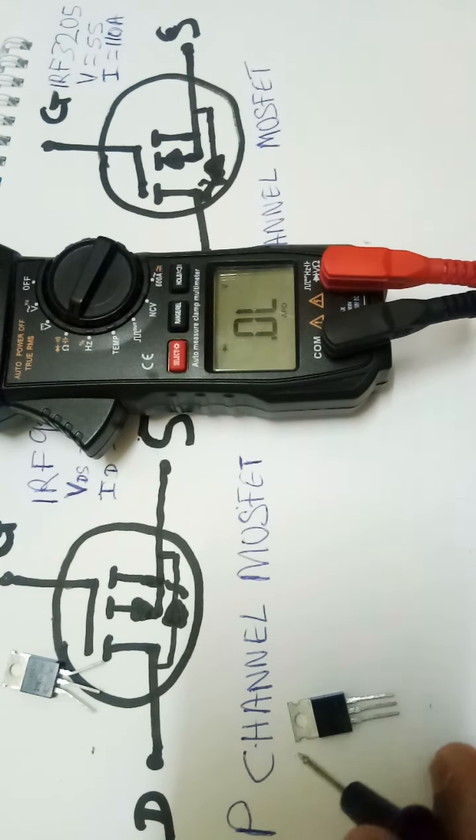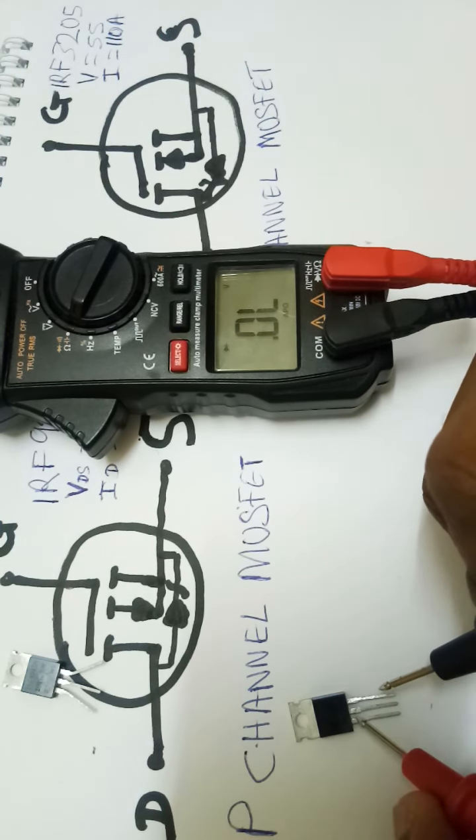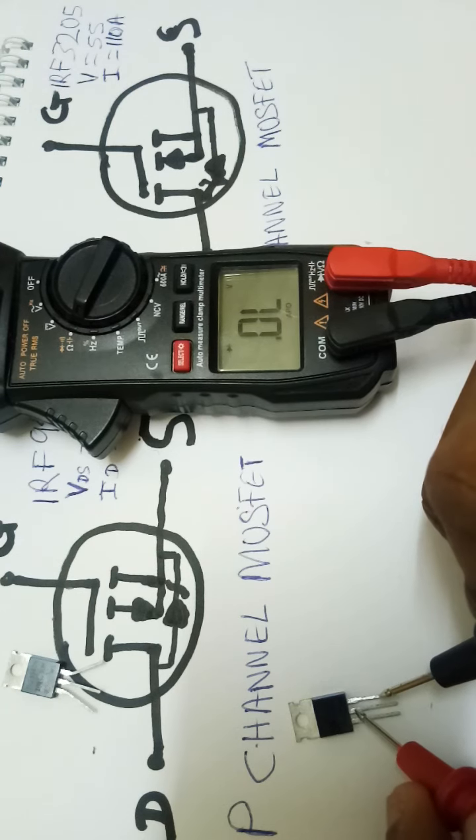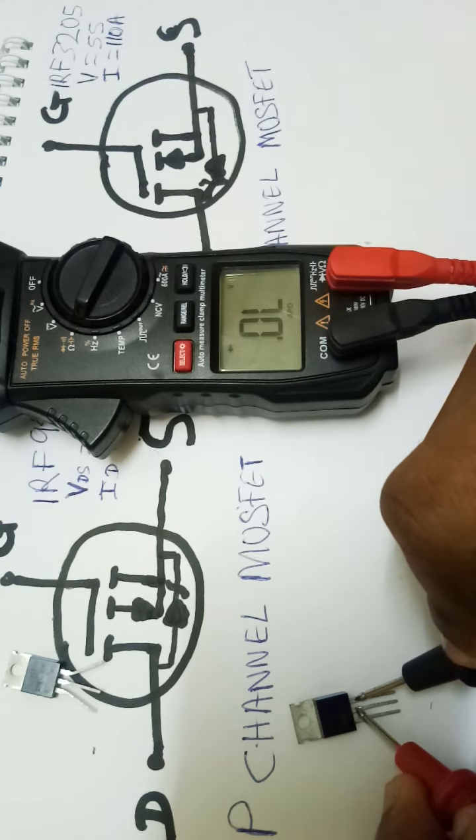So you turn around the probes, place the red probe at the drain, black probe at the source. As you can see, the reading is not supposed to show this reading.